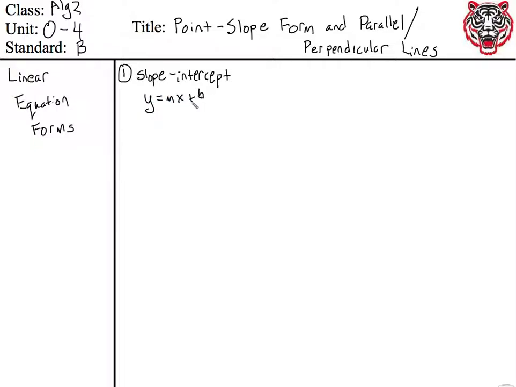That is an m right there. Y equals mx plus b, where m is the slope, and b is the y-intercept. Perfect.